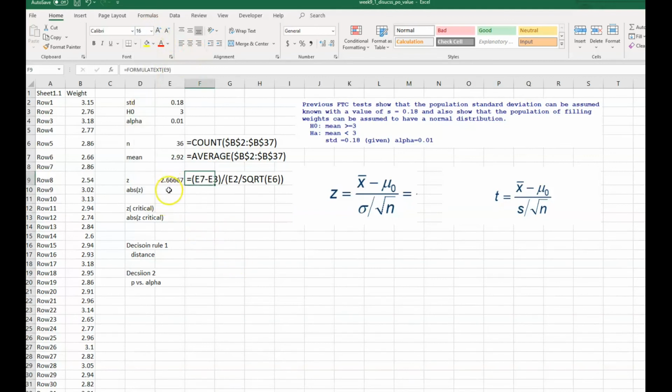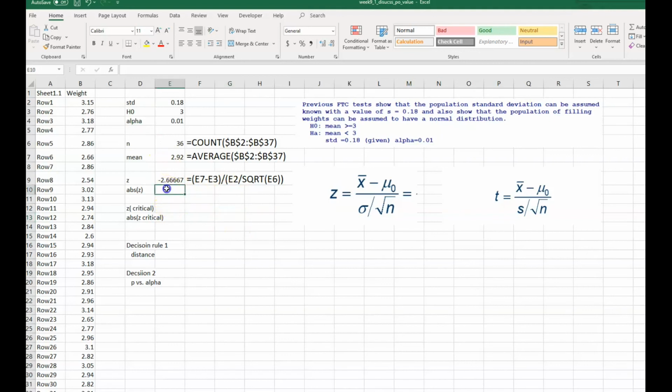Okay. So let's double check. The numerator will be our mean minus E3, so E7, our mean, minus E3. E3 is the given hypothesis. And E2 is the standard deviation divided by square root of n. E6 should be n, correct?